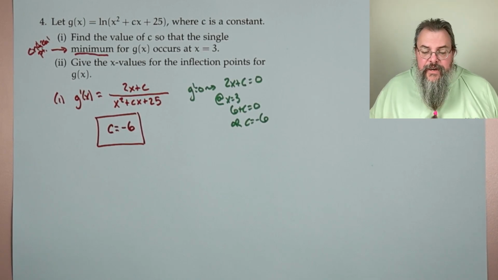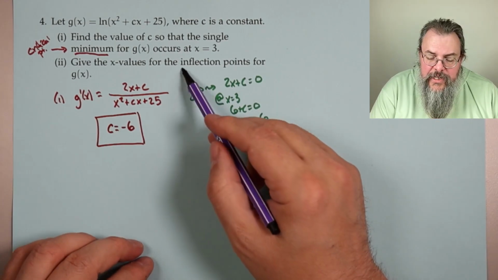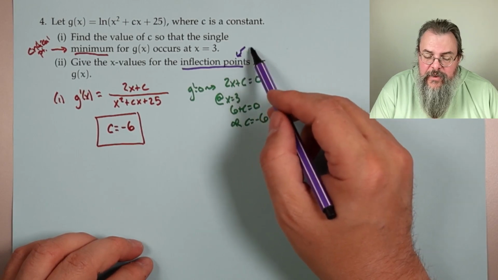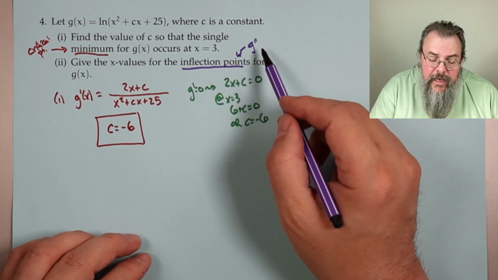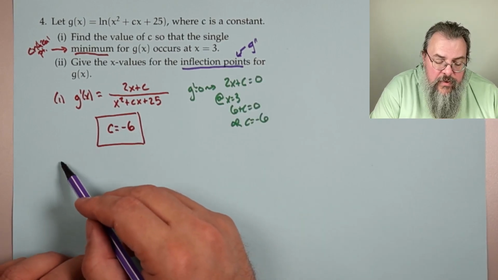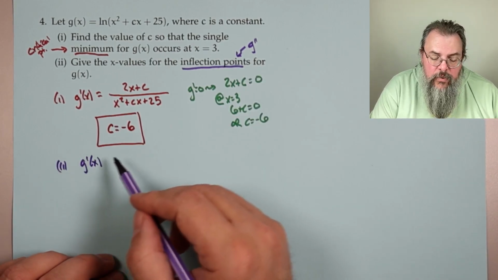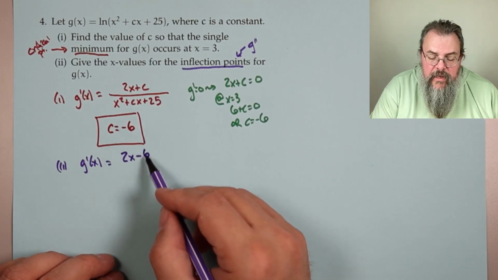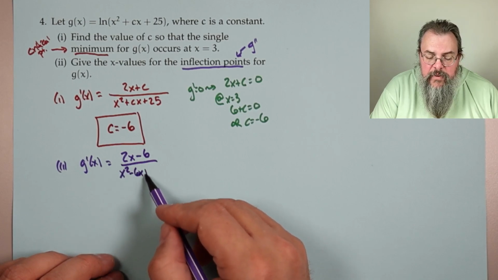Part 2. Give the x values for the inflection points for g of x. Now, inflection points, where is that? Well, that's really looking at the second derivative. So let's write down our first derivative. We know what c is, so that's 2x minus 6 divided by x squared minus 6x plus 25.